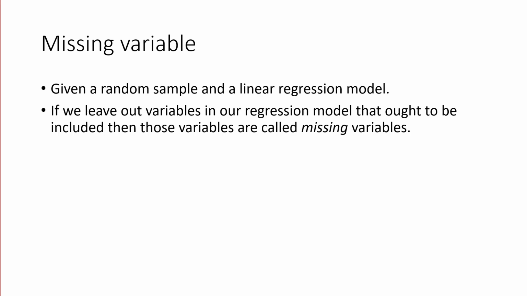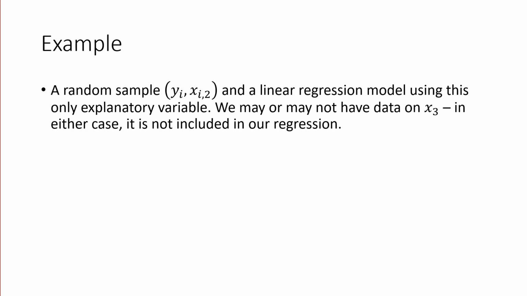And to do that, we again consider the simplest example we can think of, and that's an example where I have data on a y variable and just one explanatory variable. I might have data on a second explanatory variable x3, but I don't use this data.